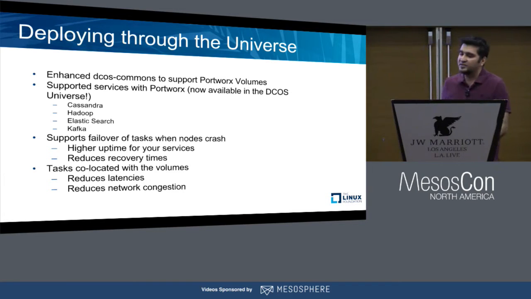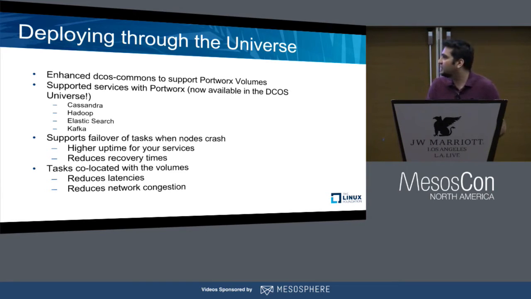The second way is to deploy apps through the universe. We have a couple of apps published in the universe based on the DCOS Commons framework to use Portworx volumes. Those are Cassandra, Hadoop, Elasticsearch, as well as Kafka. Apart from adding support for Portworx volumes, the changes that we've made also support failover of tasks when nodes crash.